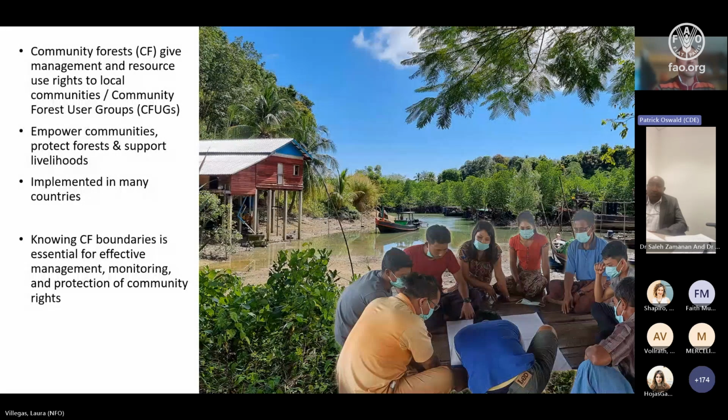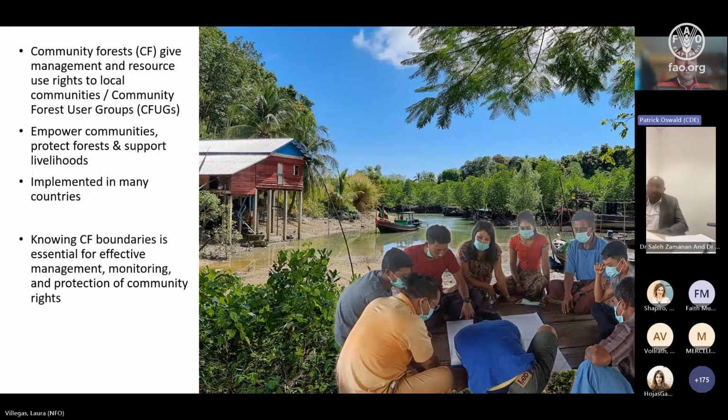And community forests are implemented in different shapes and forms and rules in many, many countries all over the world. And in Myanmar, since around 1995, with a push starting more or less in 2010, and increasingly covering mangrove forest areas.